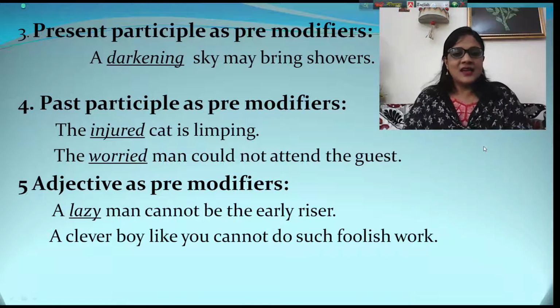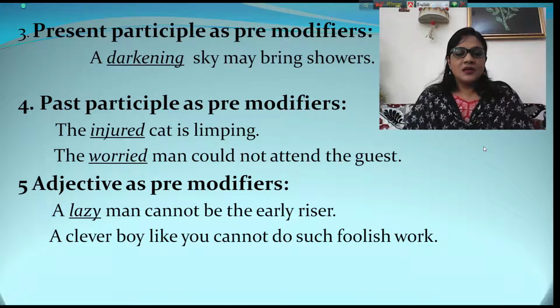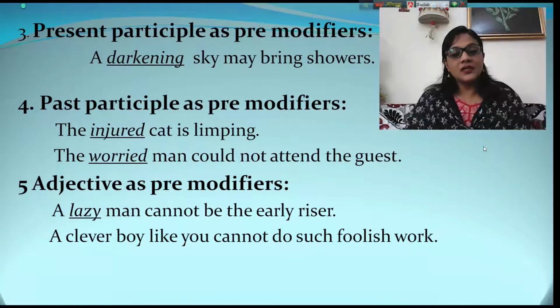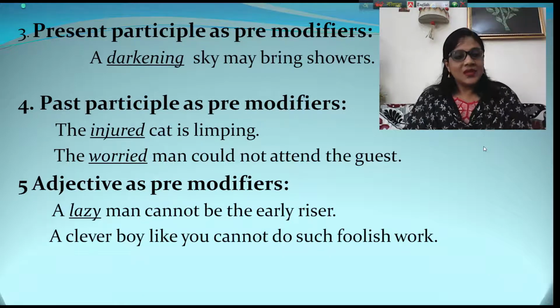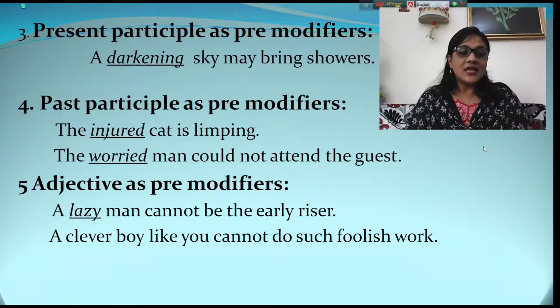Then adjectives as pre-modifiers. Here is the example: a lazy man cannot be the early riser. Lazy is used before the noun man, and it gives us the information that the man is very lazy.